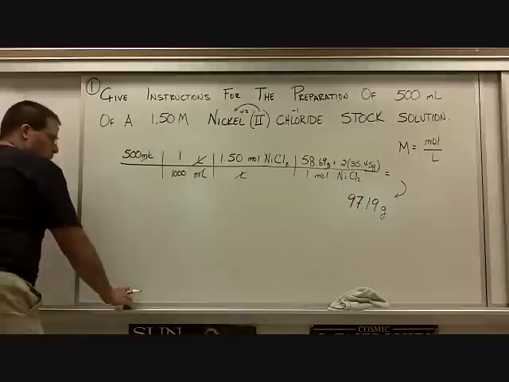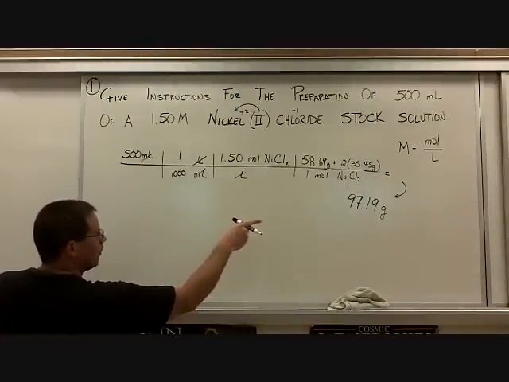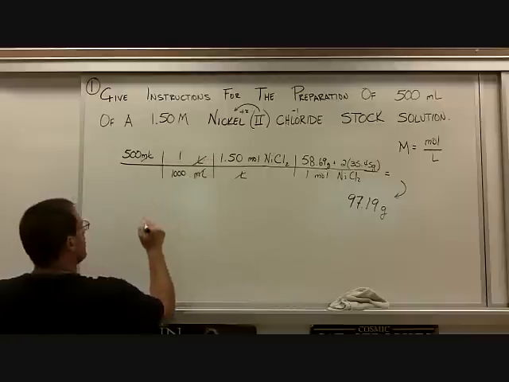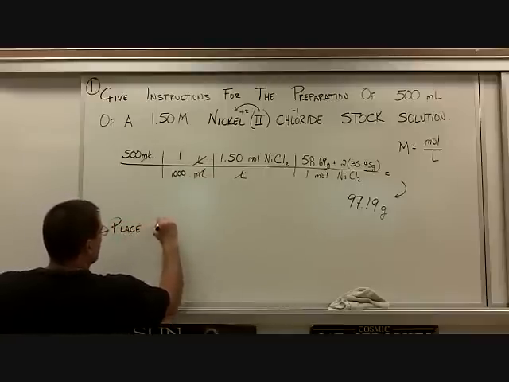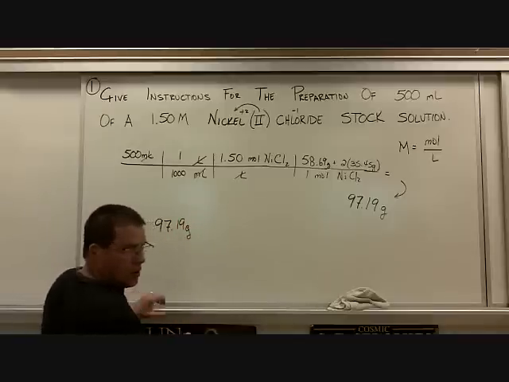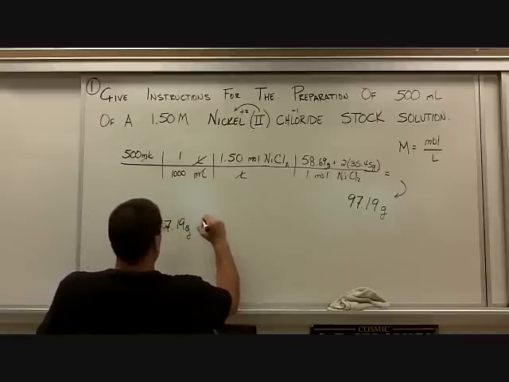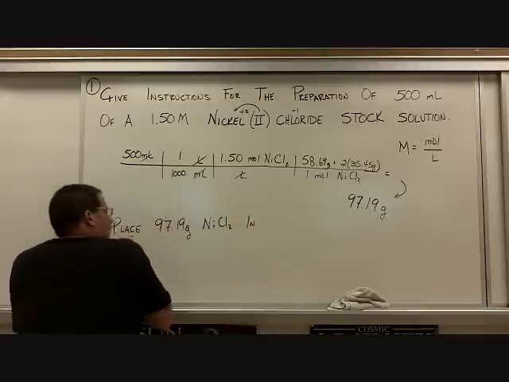So here's what we're going to do. Samuel is going to measure out the 97.19 grams of the nickel 2 chloride, and he's going to place 97.19 grams of what we're looking for, okay, of nickel 2 chloride in a volumetric flask.